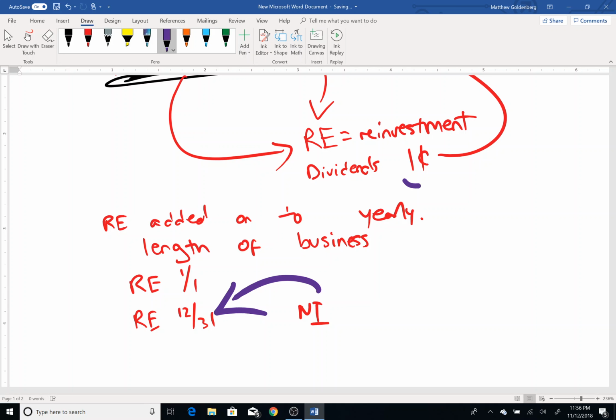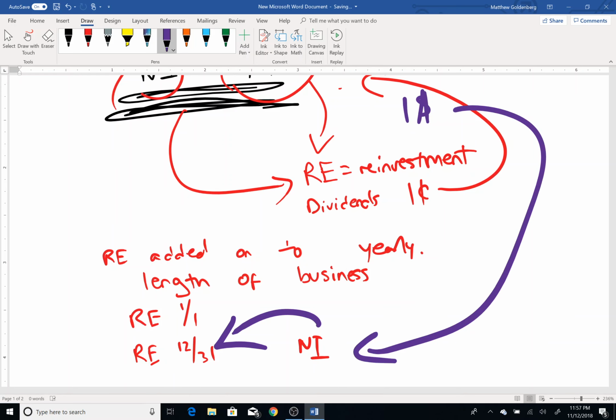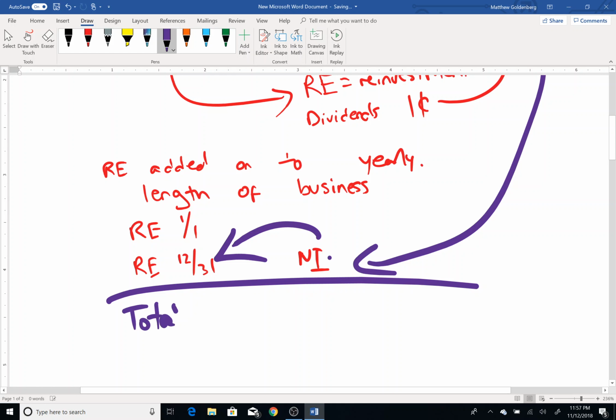And so this $1 from up here goes into the net income, goes into retained earnings. And then from that total is where you take the dividends out.